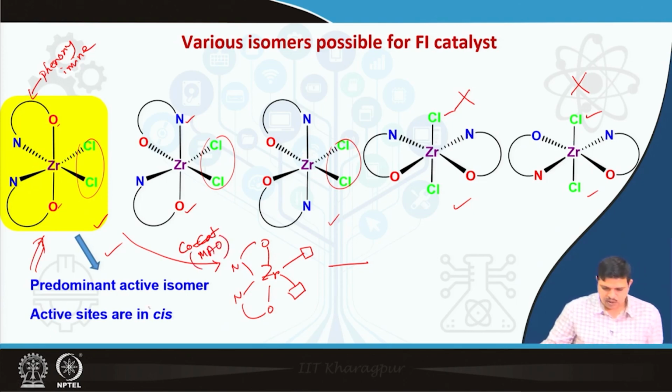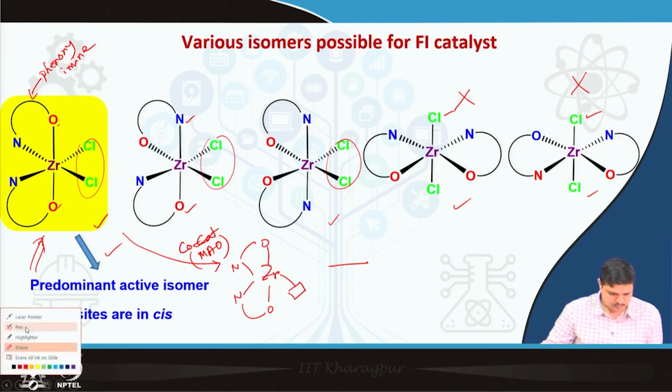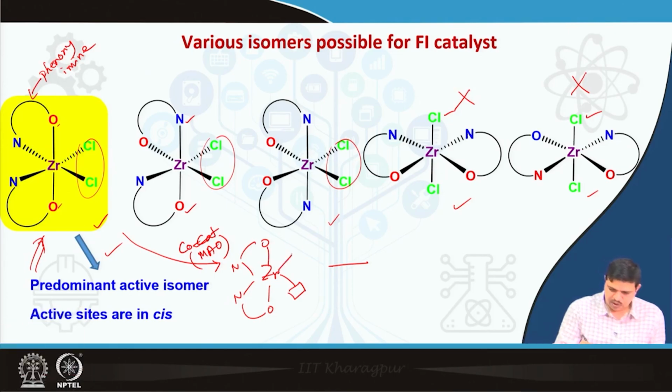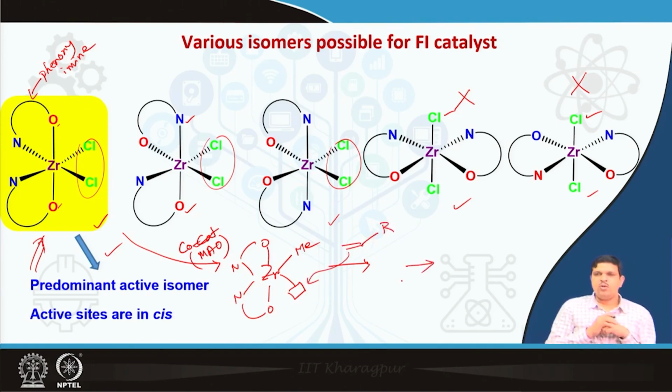So what you have to do is create a vacant site, and this one is, let's say, methyl. And your alkene will coordinate here. So if you have, let's say, this one, it will coordinate here, and then it will undergo the polymerization. So the cis positions, the two chlorides, the cis isomer is essential for the polymerization.